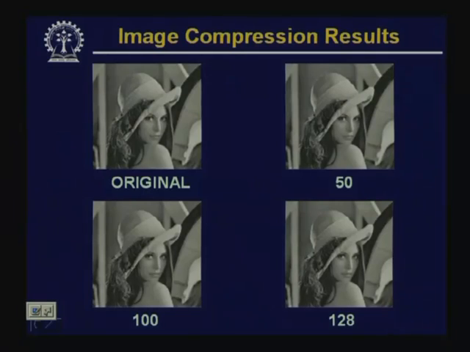So, here we have discussed the KL transformation, where we have said the KL transformation is fundamentally different from the other transformations that we have discussed earlier, that is the discrete Fourier transformation, discrete cosine transformation and so on.